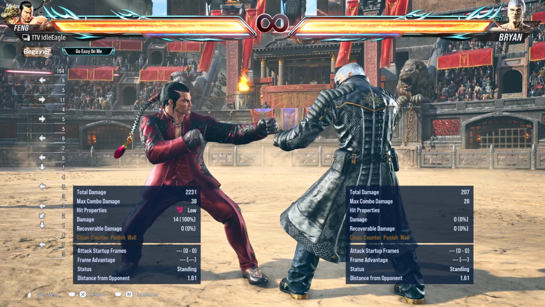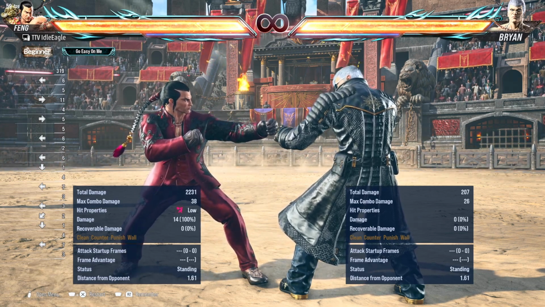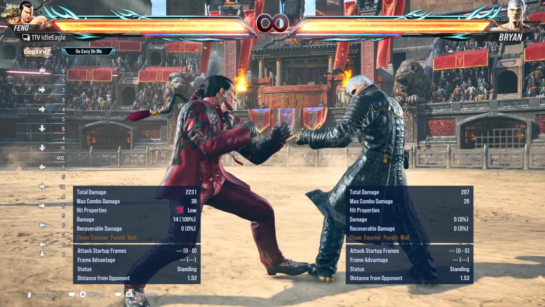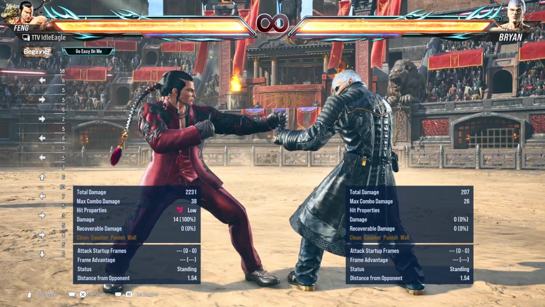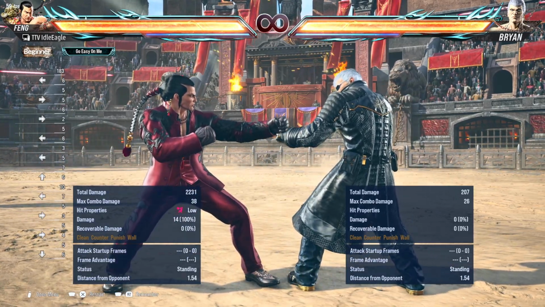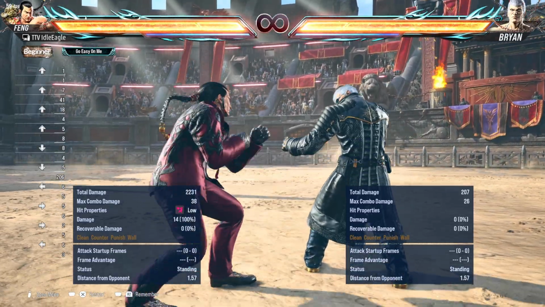Because there's a lot of knowledge checking going on right now because the game's only just come out, and so frame data is absolutely pivotal to be able to get a one-up on the matchups you're struggling with.